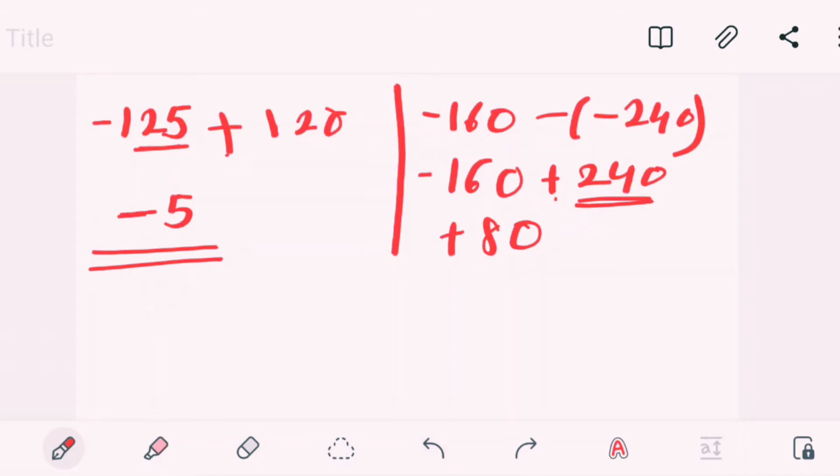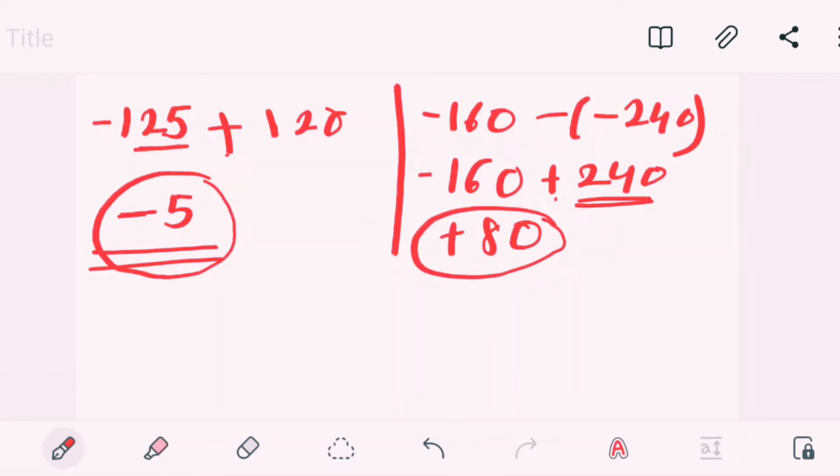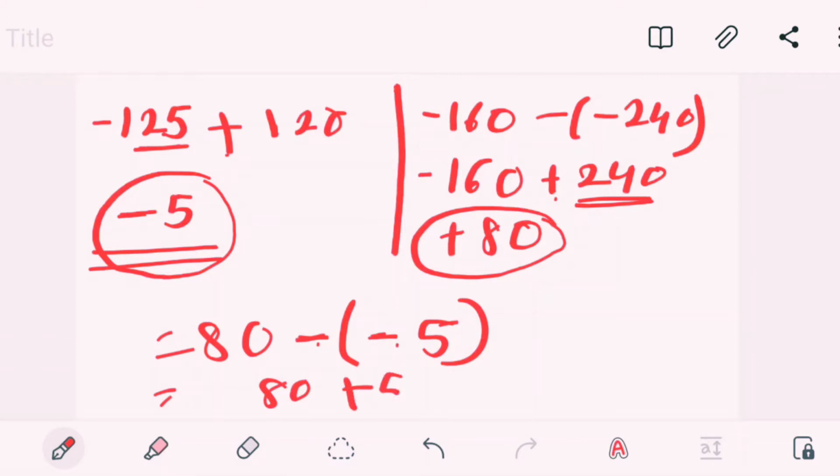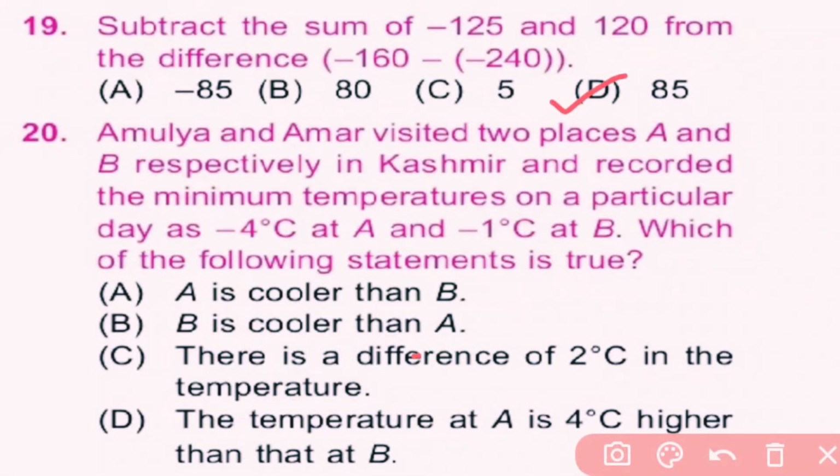And the question is to subtract the sum of minus 125 and 120 from the difference of minus 160 and minus 240. So here we have to subtract minus 5 from 80, and here minus minus becomes plus. So the answer is 85. Here D is the correct answer.